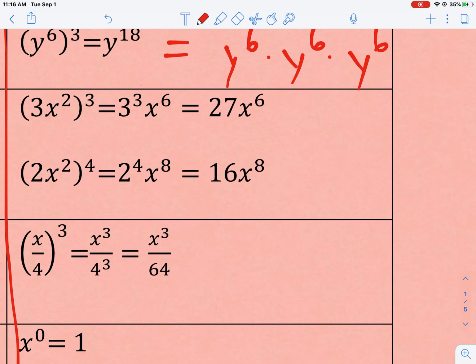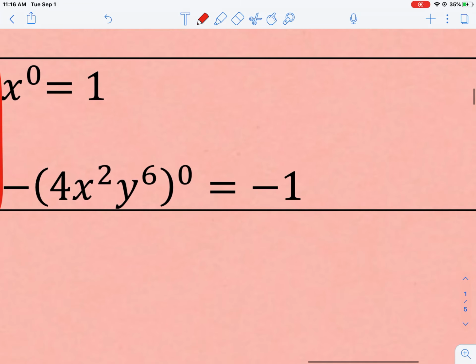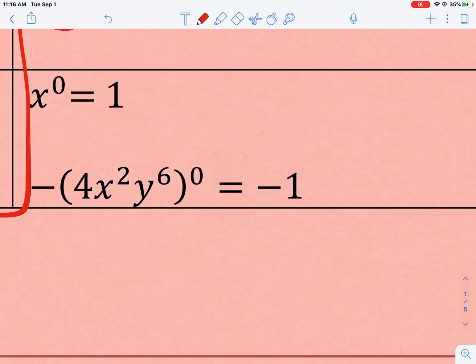Now for the quotient and product rules for powers, everything in the parentheses gets raised to the power outside, so you've got to account for each different term inside. And lastly, be careful with negative signs. The 0 exponent applies to what it's written next to, so x to the 0 is 1.